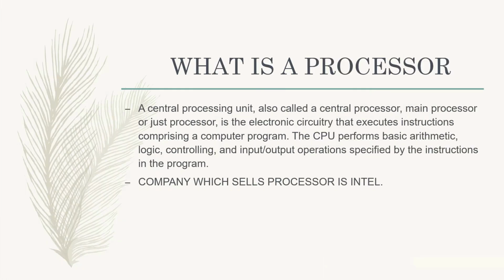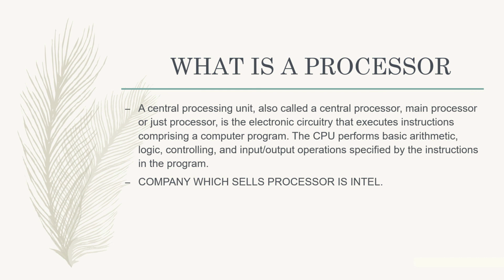What is a processor? A central processing unit, also called a central processor, main processor, or just processor, is the electronic circuitry that executes instructions comprising a computer program. The CPU performs basic arithmetic, logic, controlling, and input-output operations specified by the instructions in the program.